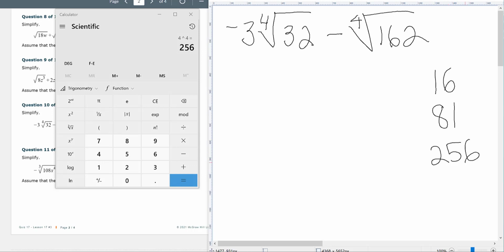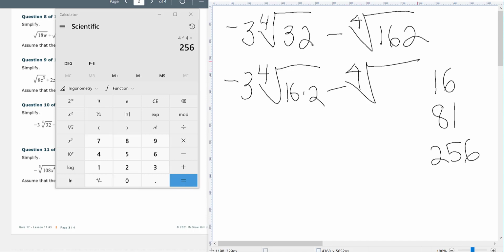Now, I don't need to go any more on this problem because 256 is bigger than both of my radicands. So my numbers have to have the factors of 16 and 81 in them if they are containing perfect fourth factors. So it turns out that 32 is 16 times 2. And 162 is 81 times 2.